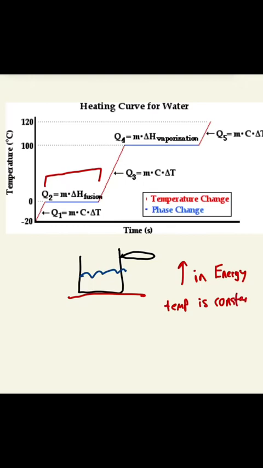So what's happening? Where's the energy going? If the energy is not going into making the particles move faster, to increase the kinetic energy, then where is it going? Well, the energy is actually going into the bonds in between the atoms. Remember back to grade 10 and grade 9, when we learned about the structure of solids and liquids.